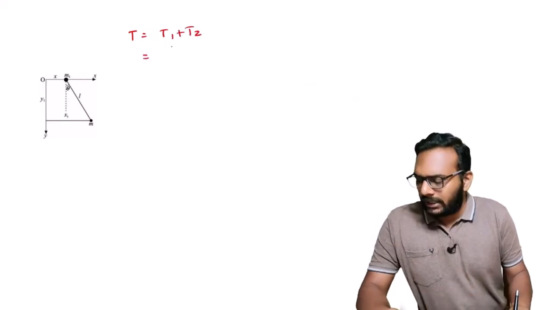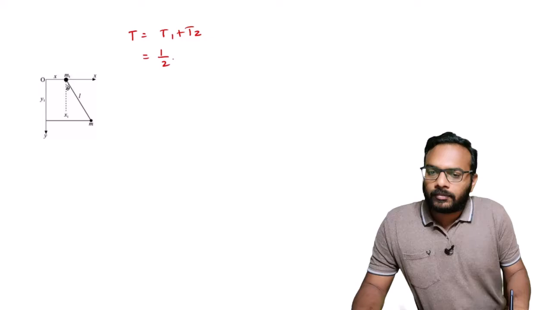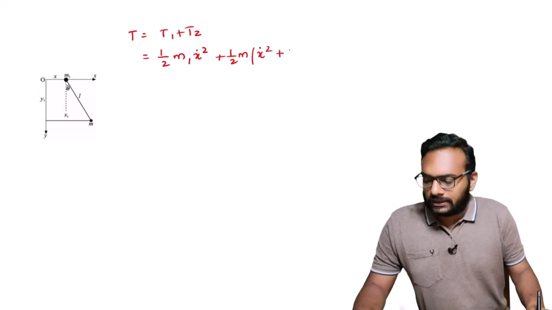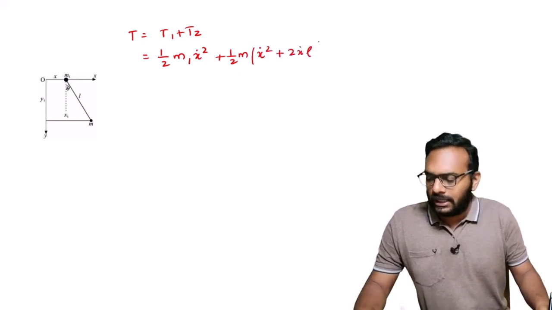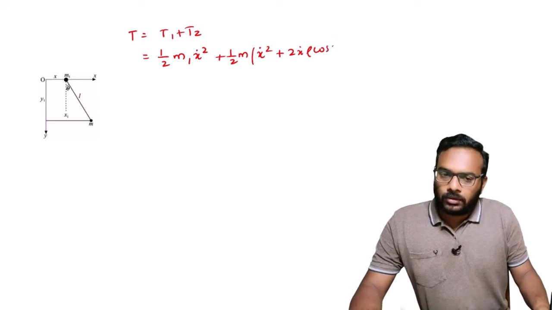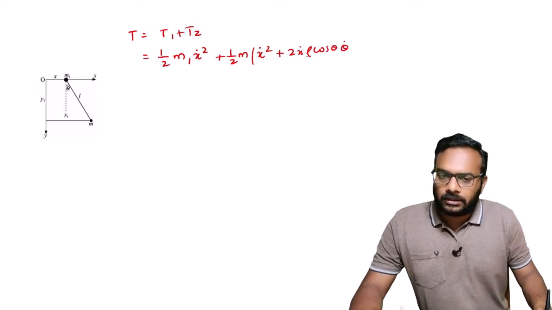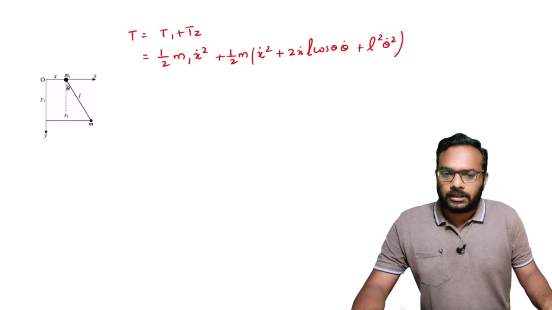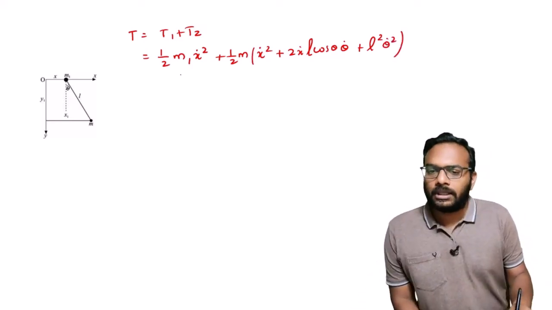For T1 we had half m1 x dot squared, and for T2 we got half m times x dot squared plus 2 x dot L cos theta theta dot plus L squared theta dot squared. That's the kinetic energy.